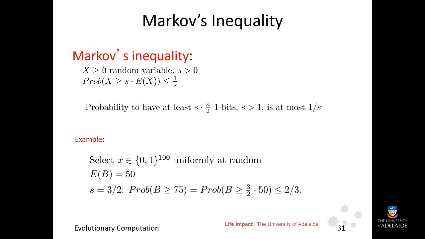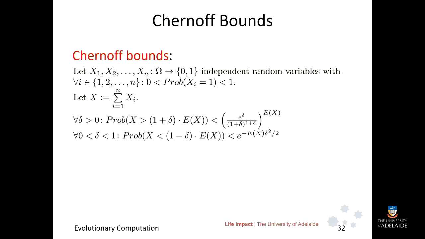If you think of the binomial distribution, it is essentially in the middle around n half, and it's highly concentrated. So what you can do is use Chernoff bounds. Our initial bit string is set so that every bit is 1 or 0 with probability 1/2, independently of the others.